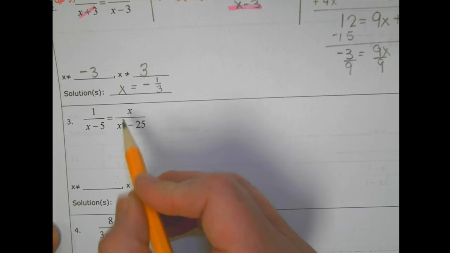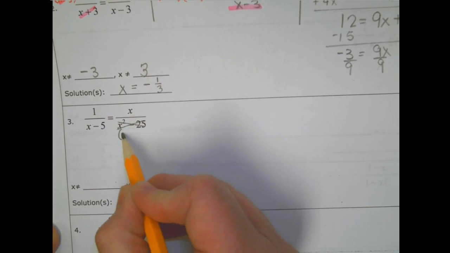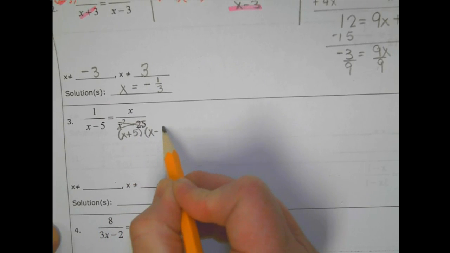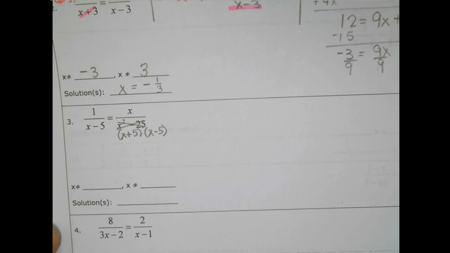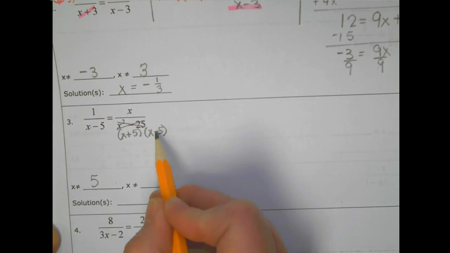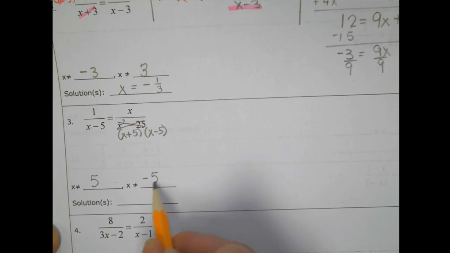What does this factor into? If you wrote it in the other order with the negative 5 first, does it make any difference? No. And so then our excluded values are going to be positive 5 and negative 5.